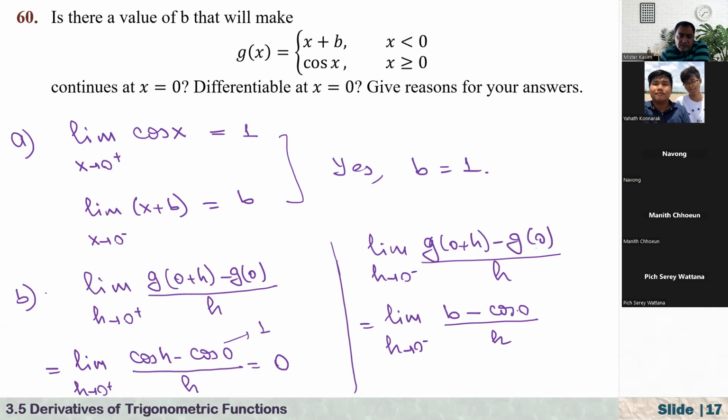This cosine of 0 is equal to 1. And how about b? We know that b is equal to 1, so b minus 1 is equal to 0. So this limit is equal to 0. We have already found in the first part that b must be 1. At this point, the function is continuous if b is equal to 1. So if b is equal to 1, then at the point the function is differentiable, and the value of this thing is equal to 0.